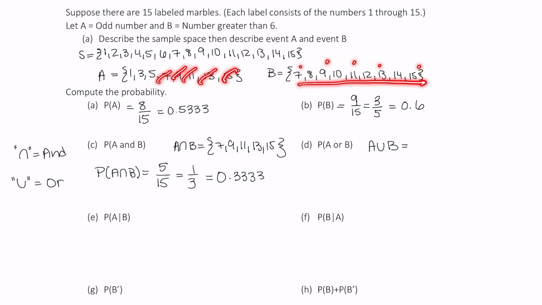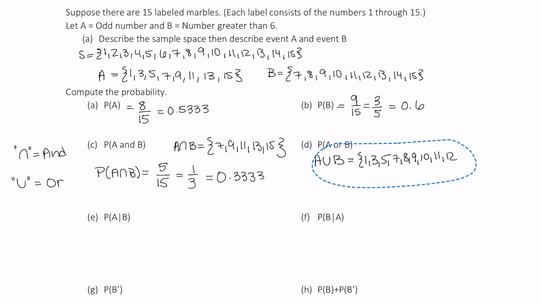They're all here. So I need to take all the outcomes in event B and then put in 1, 3, and 5 in there. So A or B is 1, 3, 5, 7, 8, 9, 10, 11, 12, 13, 14, 15. This is event A or B.